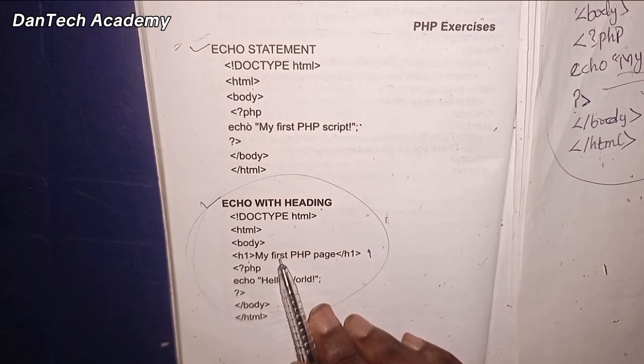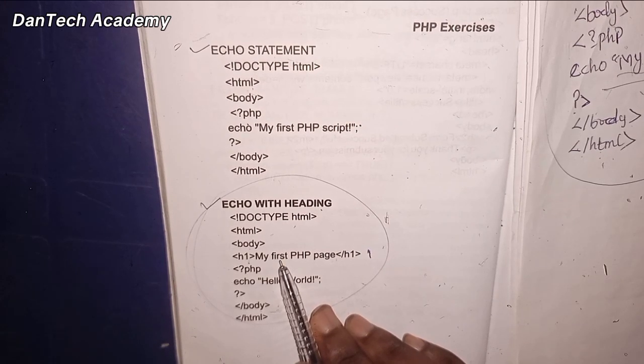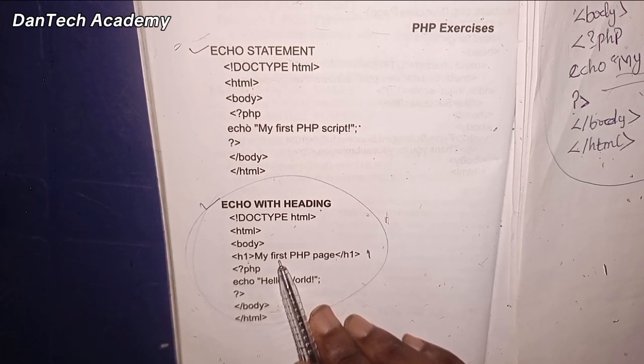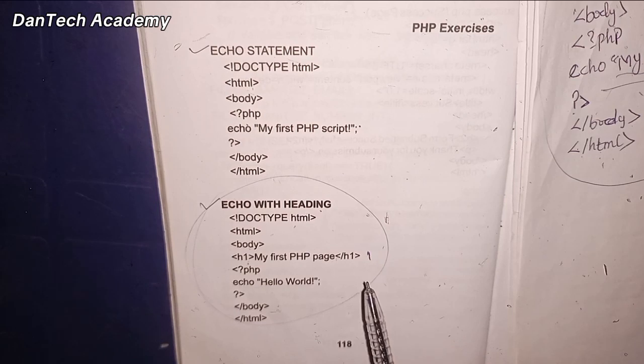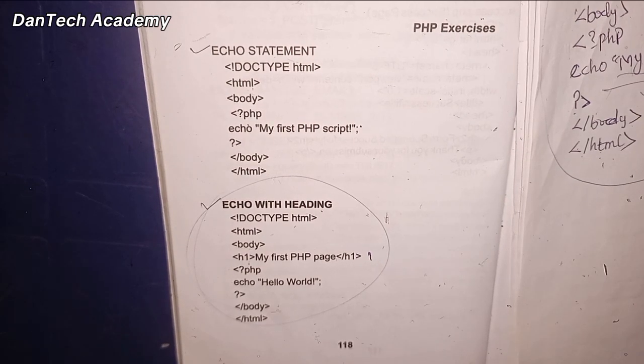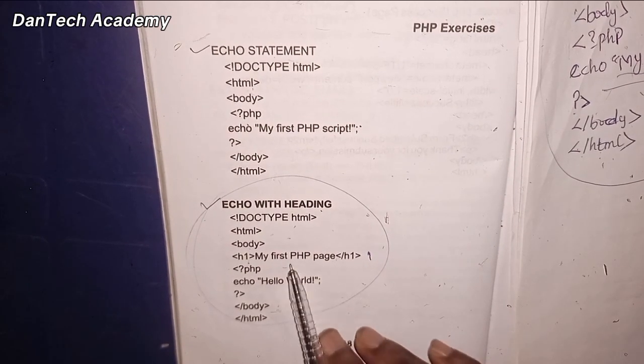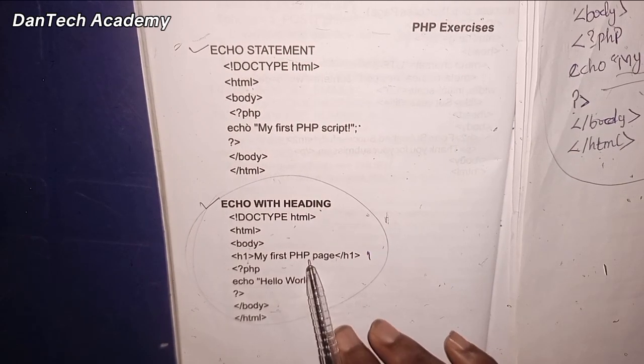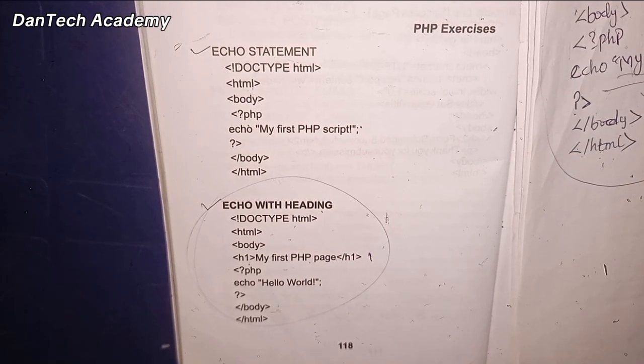So in this case we say PHP code that echoes hello world. This PHP code echoes hello world, but it is enclosed within an H1 tag, which is a heading tag, which makes the text display as a larger heading on the page.